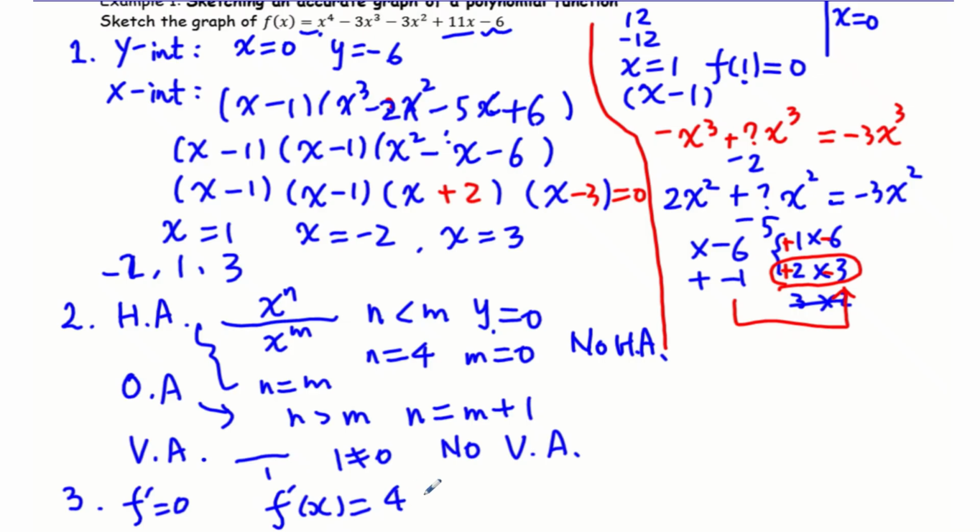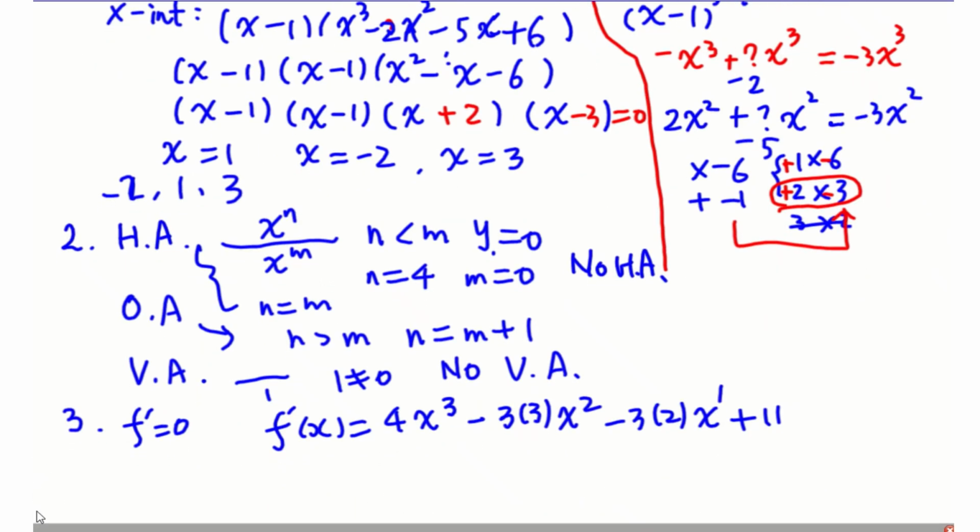So 4x cubed minus, degree to the front, then degree minus 1, and degree 1 to the front, then 1 minus 1 is 0. So x to the exponent 0 is 1, it is gone. So this is f prime of x.